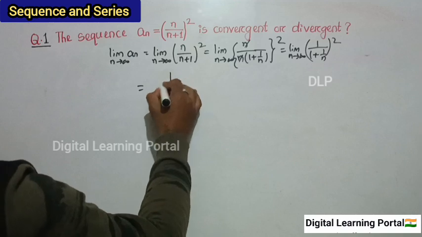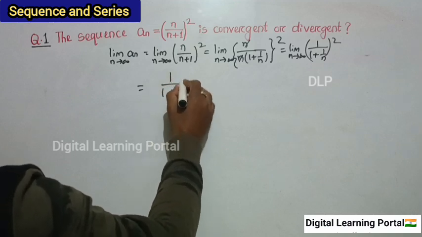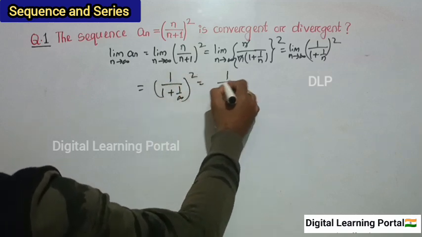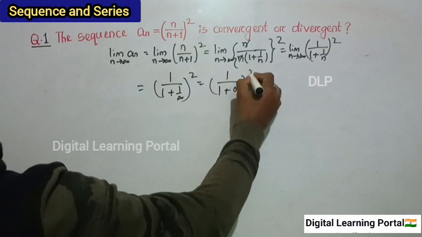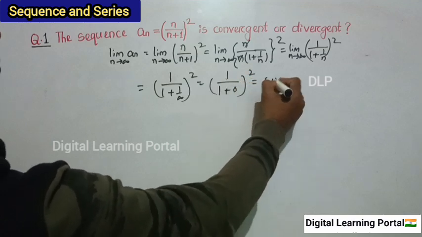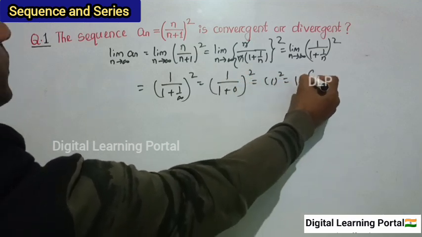Putting the value of n as infinity, we get (1/(1+0))^2, which is equal to 1. It is finite.